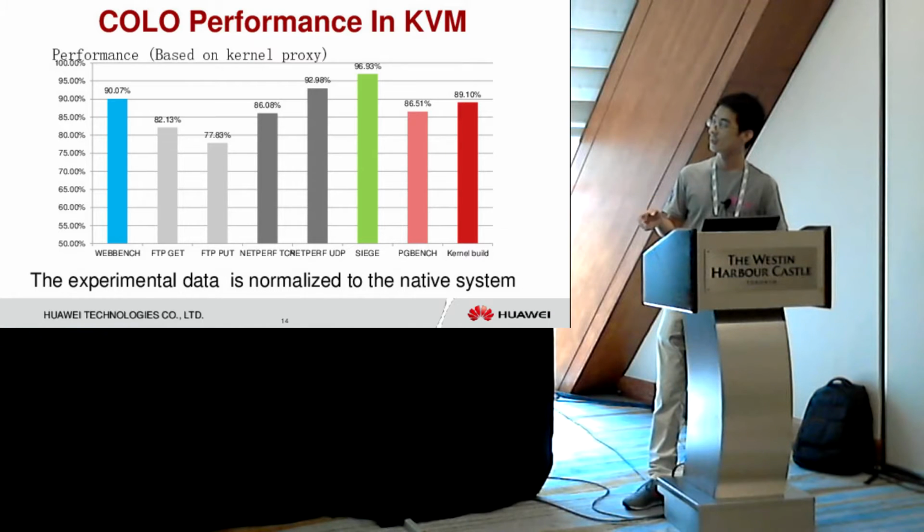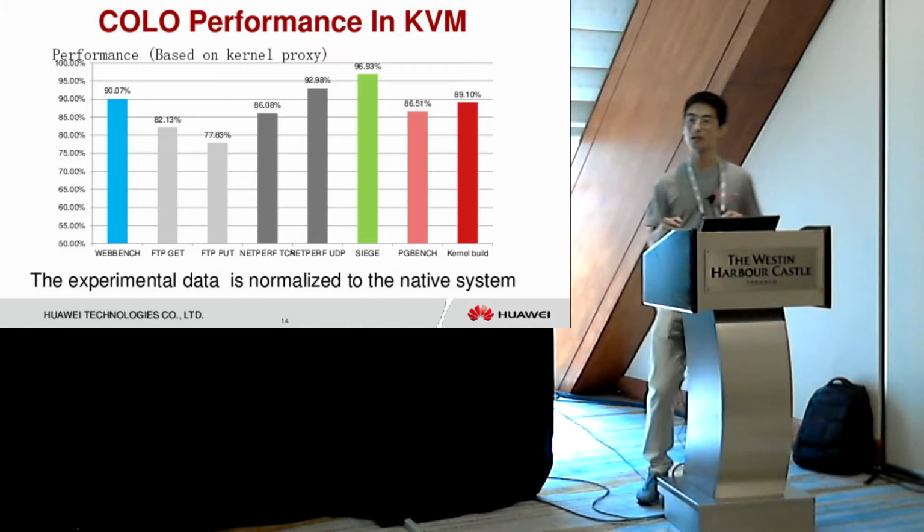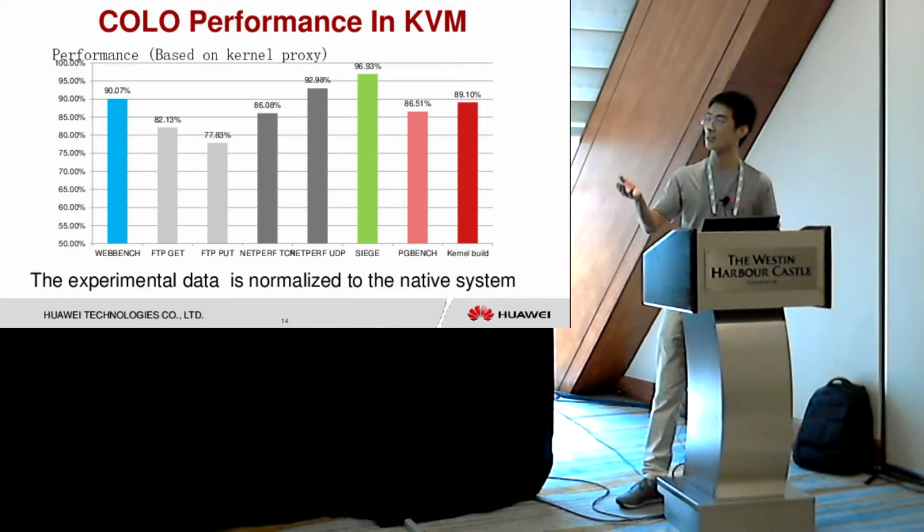We can see that COLO can achieve almost 80% of the native system, and it can achieve 96% of the peak performance. So the performance, I think, is very good compared with these two VM replication approaches that we talked about before.